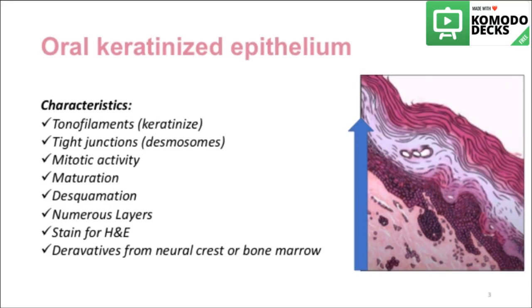They are of multiple layers and they mature and differentiate as we go to the upper layer. We have desquamation, or shedding, of the uppermost layer, and it stains with the hematoxylin and eosin stain. They are derivatives of the neural crest or the bone marrow.